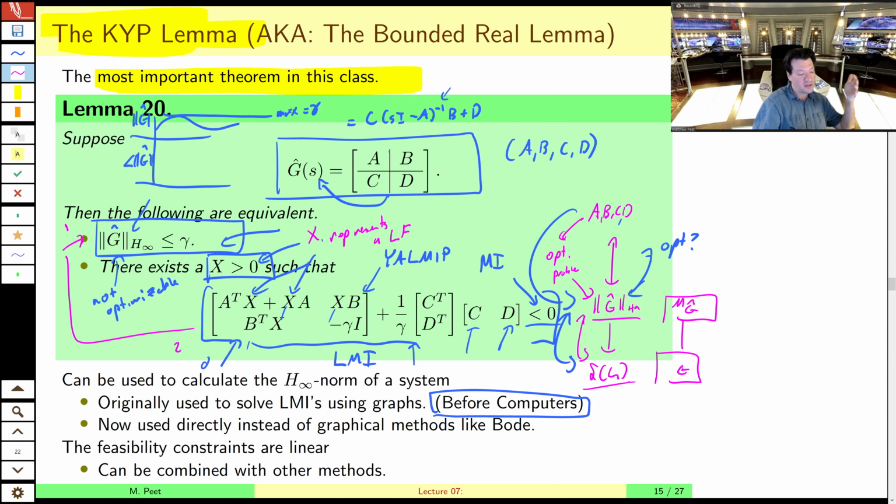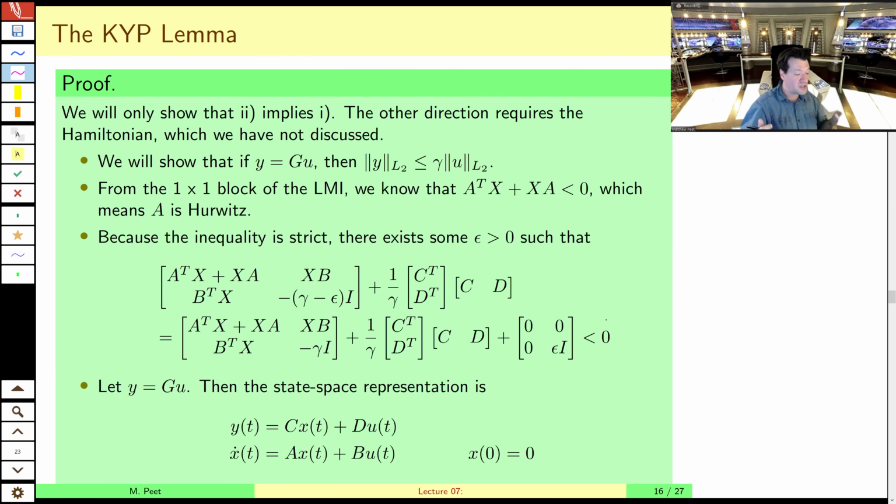The necessity condition, so this implies this, we're not going to actually go over, and that does use the transfer function properties. Because it's complicated and not particularly illuminating, I'm going to skip it. It takes a while, it requires a Hamiltonian, and I think it slows things down a lot. So we'll just prove sufficiency. And sufficiency, now that you're comfortable with Gramians and so forth, should be relatively straightforward.